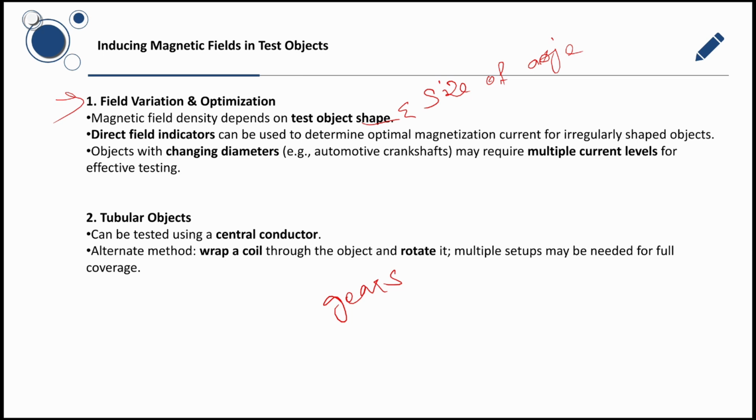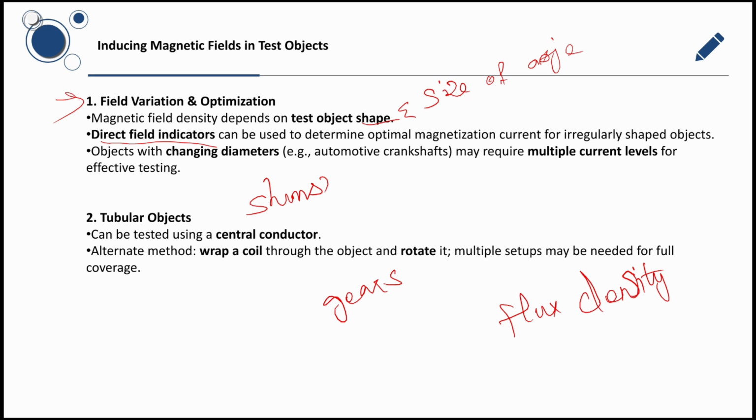To solve this, direct field indicators such as shims or Hall effect probes are used to measure flux density and confirm whether the applied current is adequate.